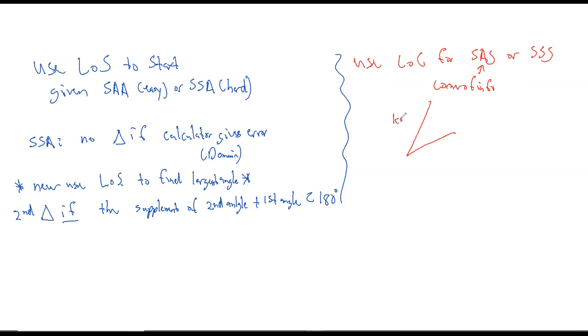So it's something like, we know that side, we know that angle, and we know this side. And then the angle here is unknown, the angle here is unknown, and that blue side is unknown. So everything that touches the blue is unknown, everything that touches the red is known.